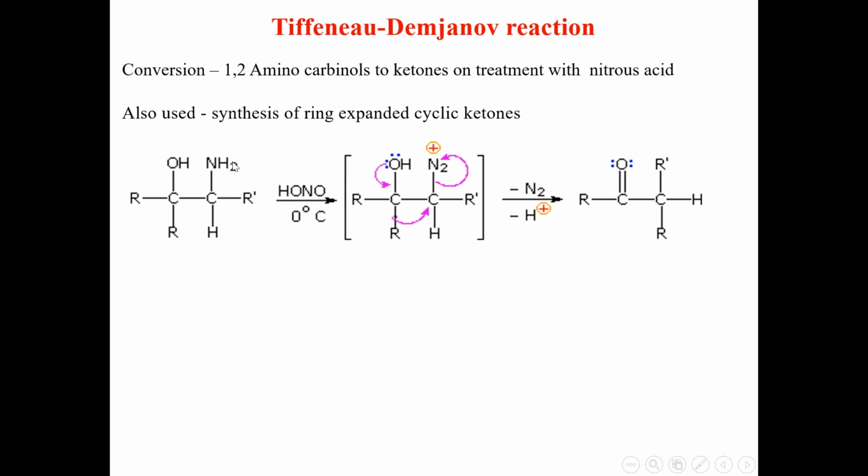The amino group, when treated with nitrous acid, forms a diazonium group. To satisfy the positive center on this diazonium group, the electrons move, creating the positive center over here, and the 1,2-alkyl shift from the adjacent carbon takes place, creating a new positive center, that is the carbocation on this adjacent carbon from which the alkyl group has moved.